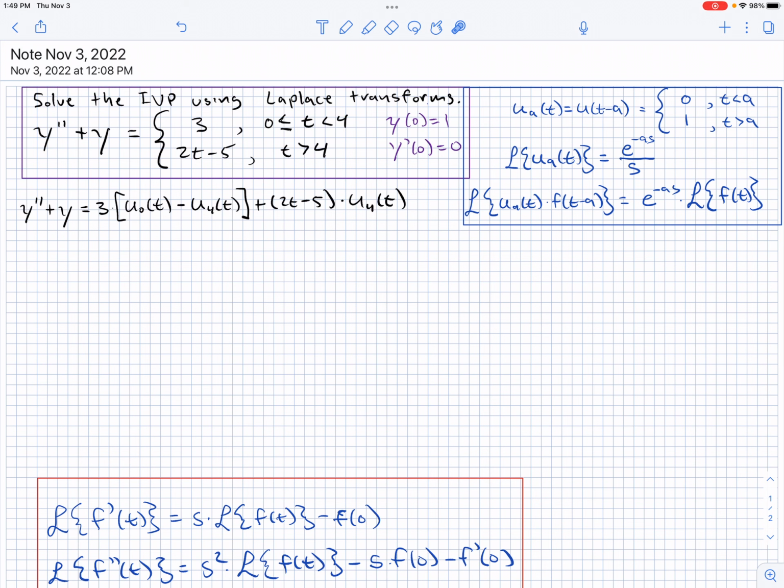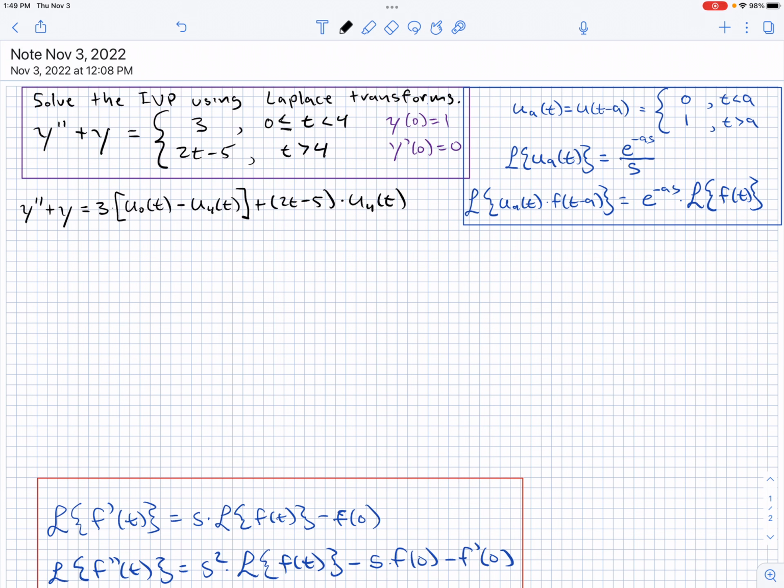To the left of 4, it's going to be 0, so you're going to have 1 minus 0. And then after 4, it'll be 1. So these essentially will only hold on this interval from 0 to 4 with that value of 3. Similarly, greater than 4, we know, again, we're just looking at 1. It's going to be times 2t minus 5, so that will take care of that interval.